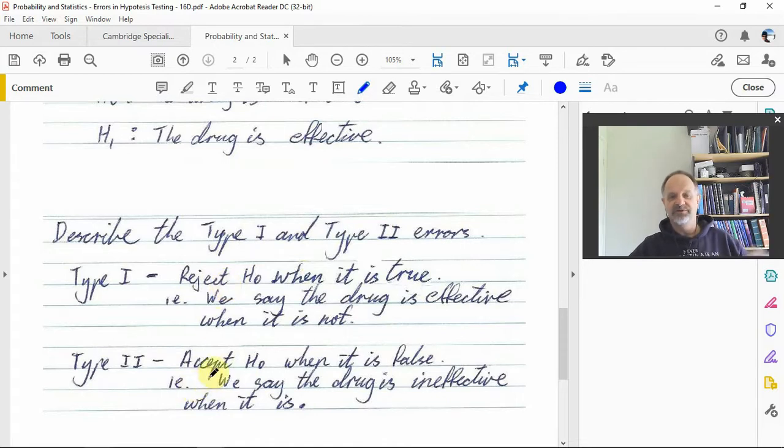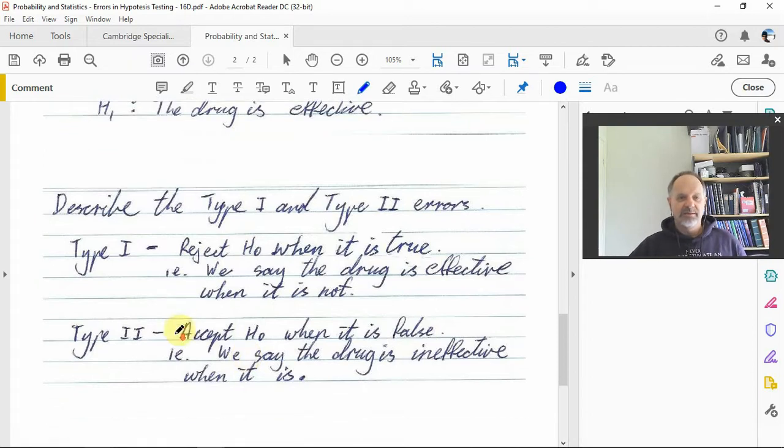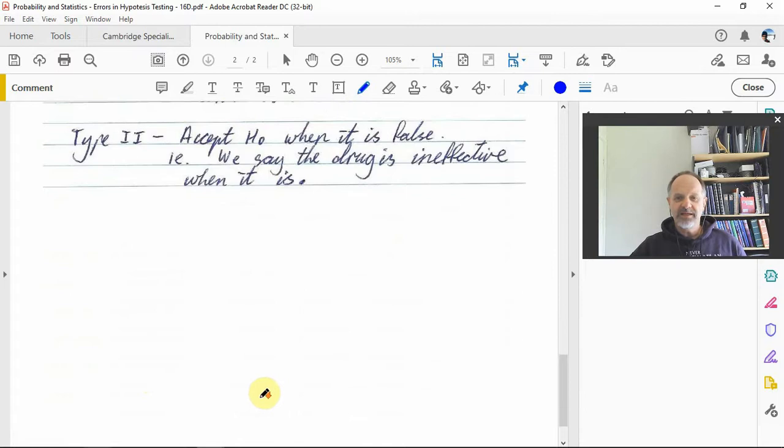And type 2, you've accepted it when you should have rejected it, the statistics telling you to accept. So the statistics has made an error. If we're looking at that 5%, it's way out here is where it is. All right, and that is it.